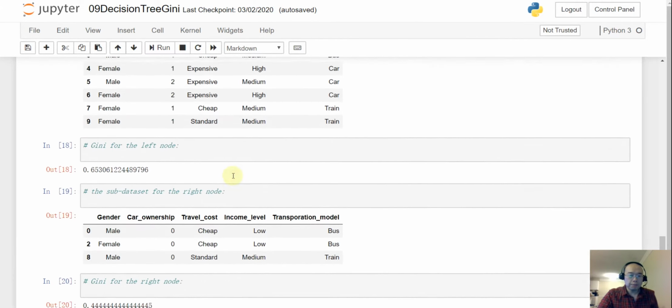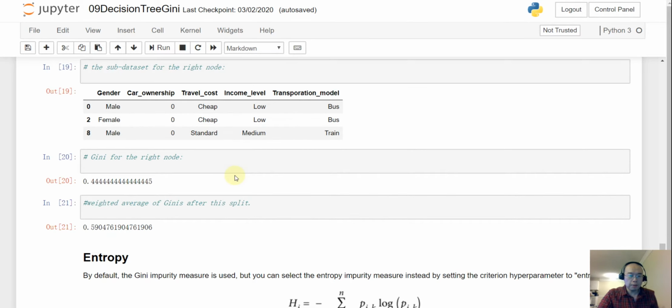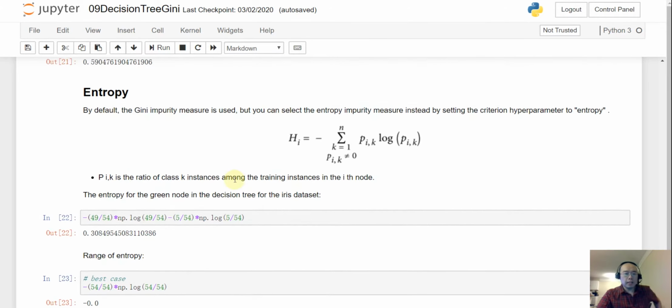Oh, where is it? Okay, here. So the next topic will be entropy, and entropy is another measure that we can use to measure the impurity of a node. So we take the percentage of class 1 times the log of the percentage of class 1.